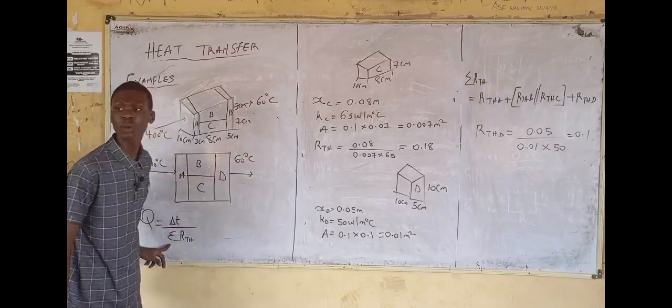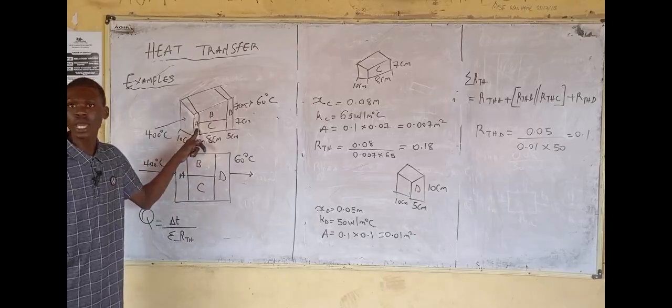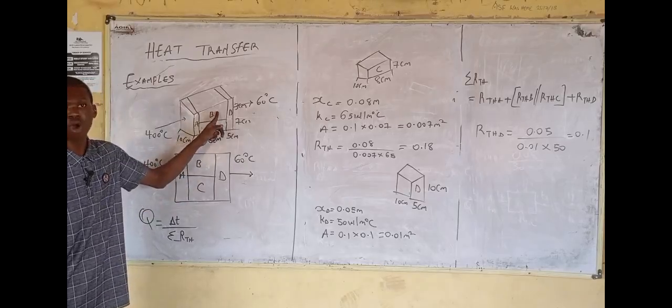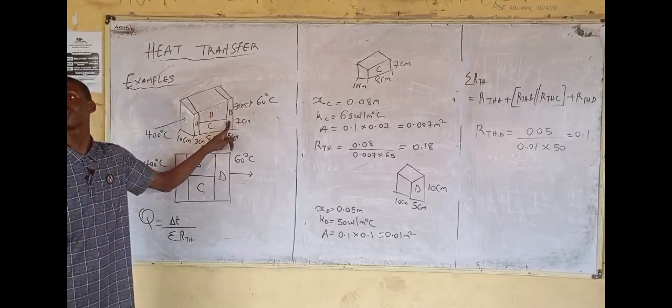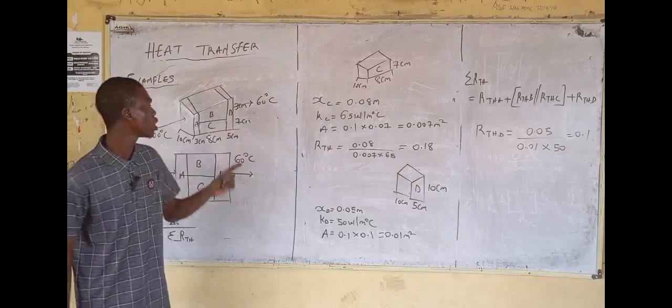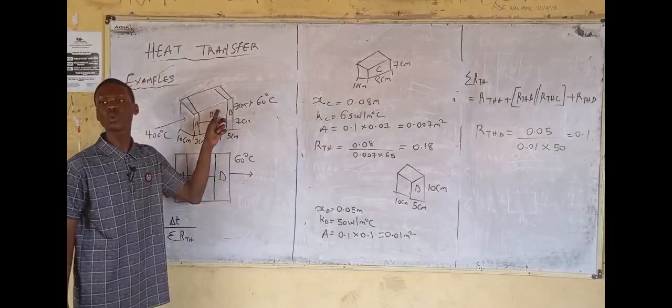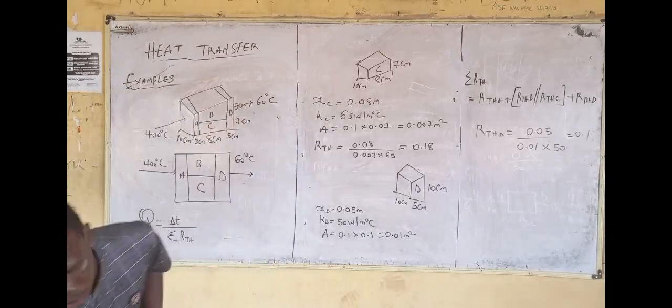Now, to get the summation of RTH, we've calculated RTH of wall A, RTH of wall B, RTH of wall C, and RTH of wall D. And from the thermal circuit, we said that wall B and wall C are in parallel.